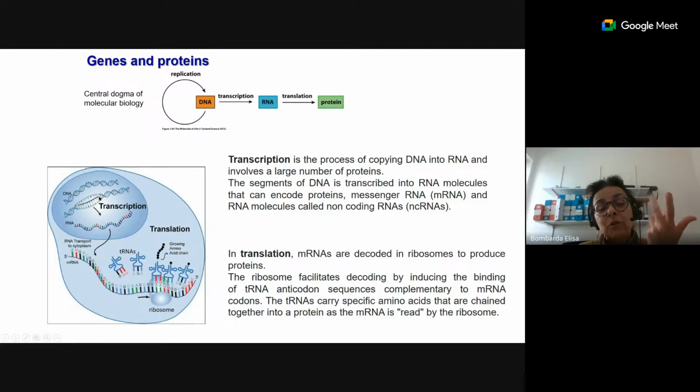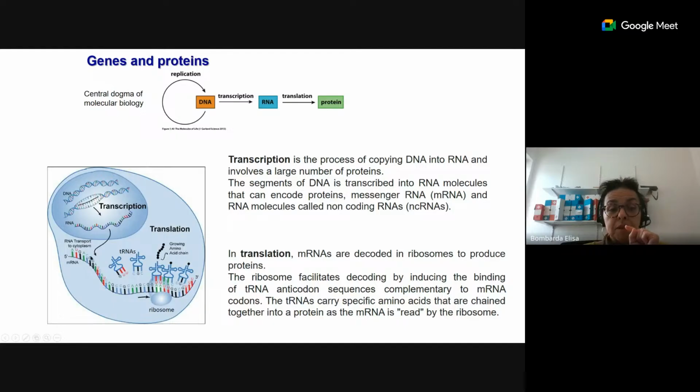It's not really a translation, that's why it's called transcription, and it is also a way to distinguish between the two fundamental processes, because it is just a copy. The language is the same between the DNA and the RNA. You have the 4 bases, and so you just have to copy the message.